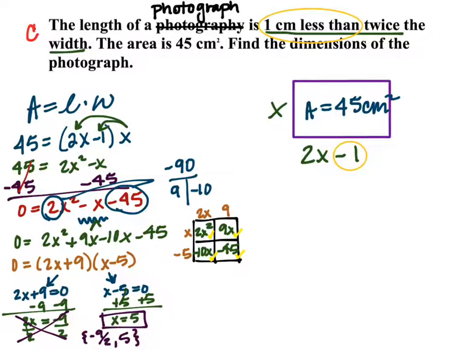Now let's go back over to the original, and if I know that x is equal to 5, because that's the most reasonable item, here if I plug in 5, I end up with the answer of 10 minus 1, which is 9. So then it's telling me the dimensions are going to be 9 centimeters by 5 centimeters.